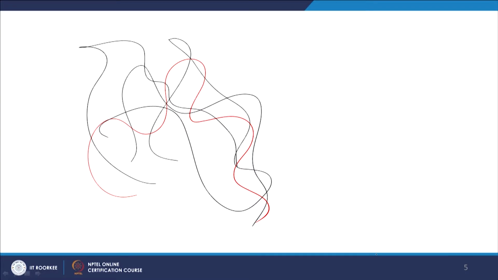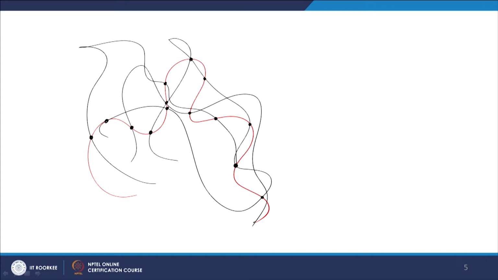So, ultimately the polymer chain can move along its contour, for example. It is not that whatever junctions we are forming with other chains are permanent, but the junctions provide some constraint to the flow of the polymer chain.